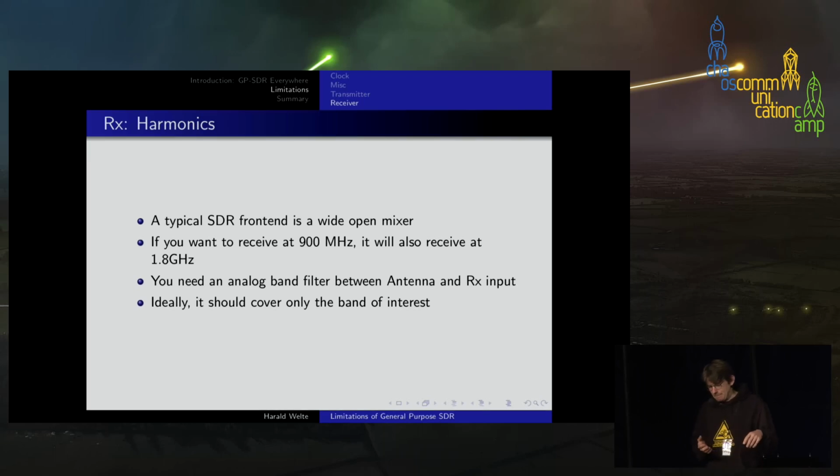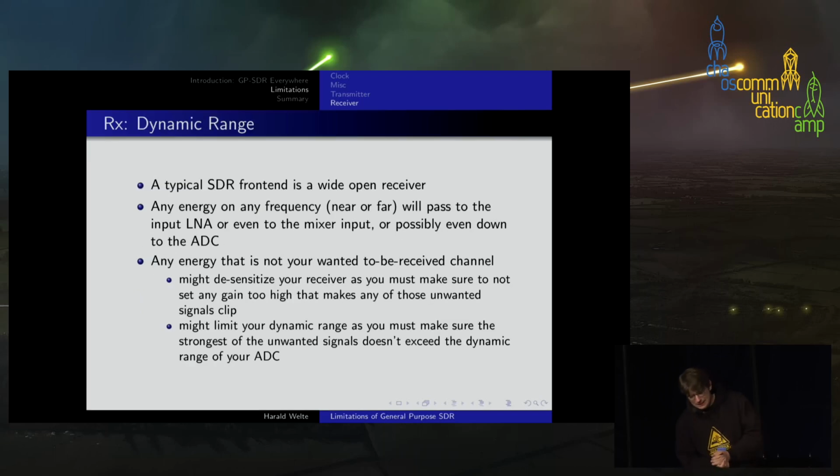So you need to put filtering on the analog side. Otherwise, you will receive all kinds of things that you don't want to receive. So you need an analog band filter between the antenna and your RX input. And ideally, that band filter should only cover the band of interest and should filter out everything else that's outside of the band.